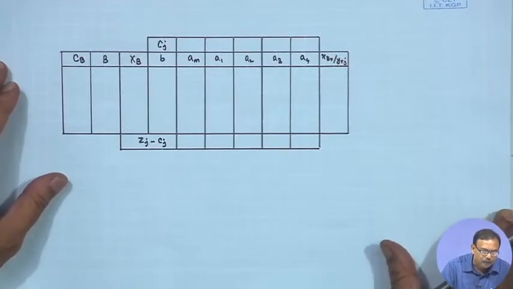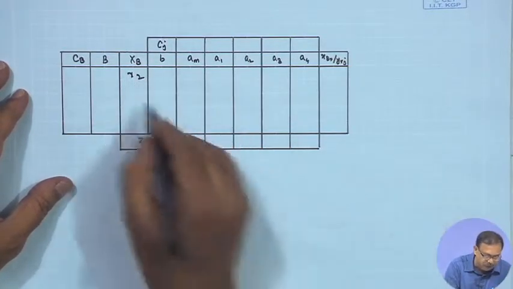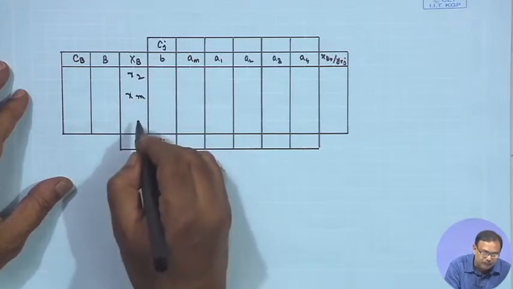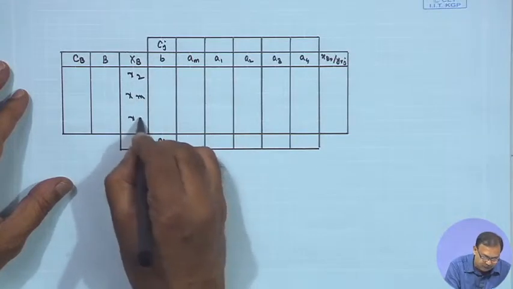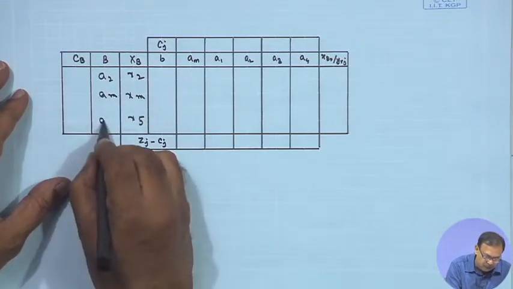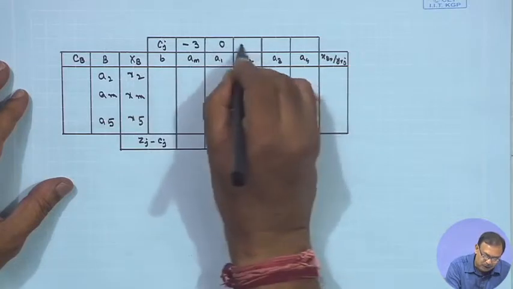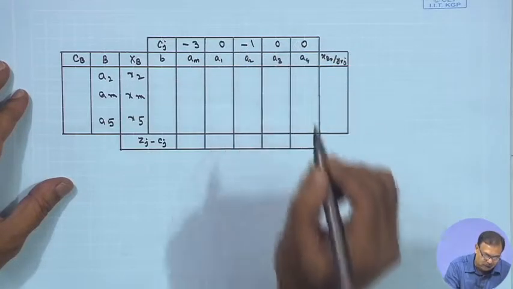So, in the next table, what will happen? In the next table, x2 will be there, x4 will be replaced by xM and x5 will come. So, this will be A2, AM and A5. Your values are minus 3, 0, minus 1, 0 and 0.